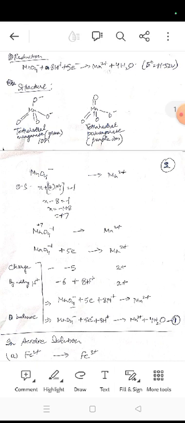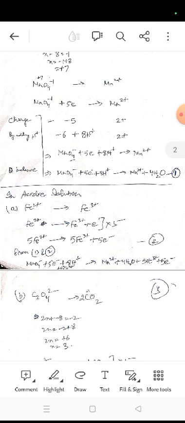So permanganate plus 5 electrons plus 8H+ gives you Mn2+. This is the balanced equation. Then to balance the oxygen and hydrogen, on the right hand side we will put 4 molecules of water.